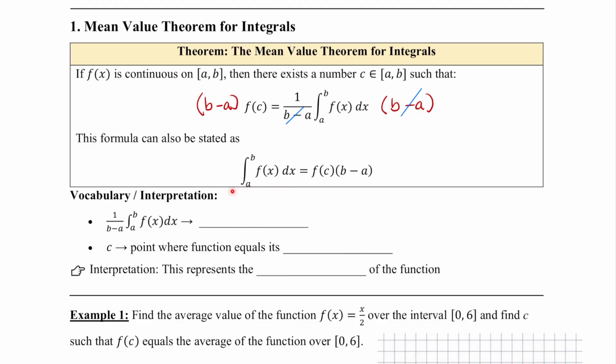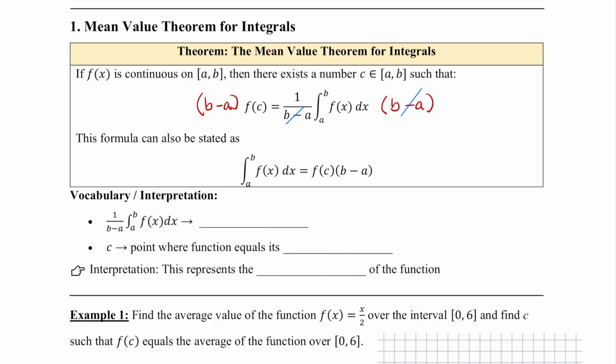The definite integral from a to b of f of x dx equals f of c times b minus a. Here's what this means. There is some point c where the function equals its average value. So the function actually reaches its average height somewhere in the interval.